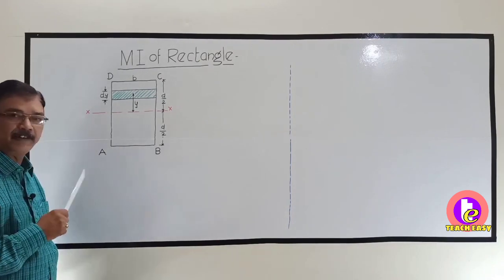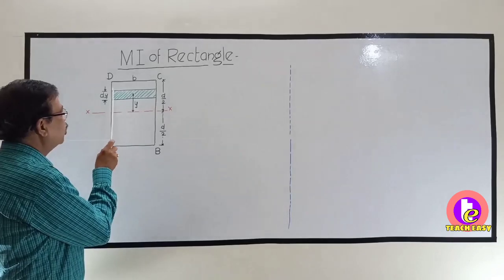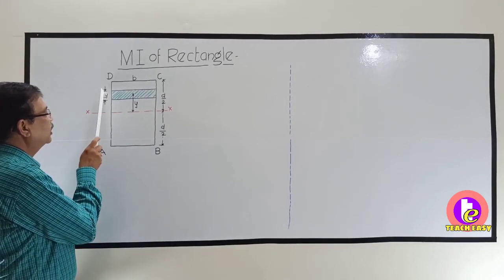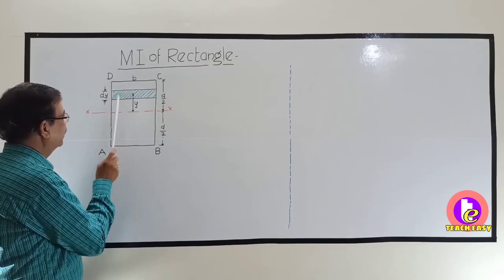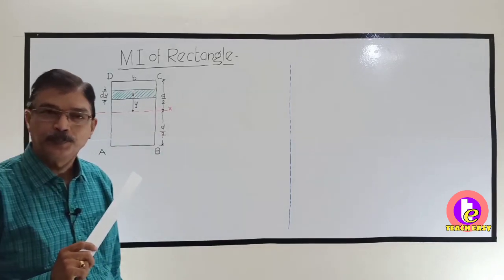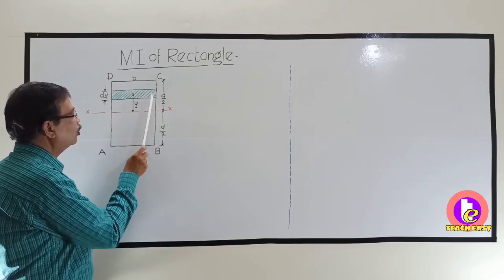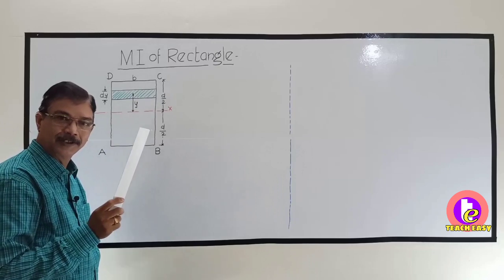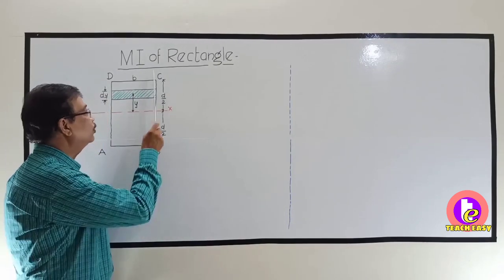Now for deriving the formula, let us consider a small horizontal strip whose thickness is dy at a distance of y from the x-axis. Now this y is positive upward, so this is 0 to d by 2 plus and this is 0 to d by 2 minus. So when we integrate, we will have to integrate from minus d by 2 to plus d by 2.